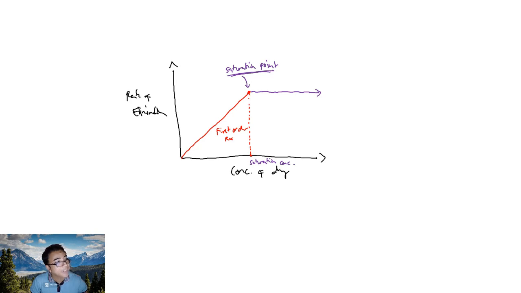Okay, as you can see in this graph here. What happens, class, to the rate of elimination as I increase the concentration? Anyone? Okay, ano napansin nyo, class, sa rate of elimination?